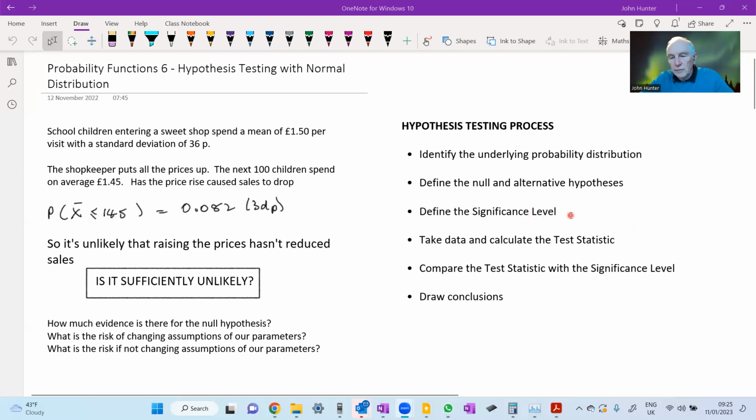Define the significance level of the test. What we're saying with the significance level, depending on how serious it is and other factors, is how low a percentage do we have to get in this probability statement. We're looking at how probable a test statistic has to be, less than what we get, for it to be significant. We might choose 5%, we might choose 1%.